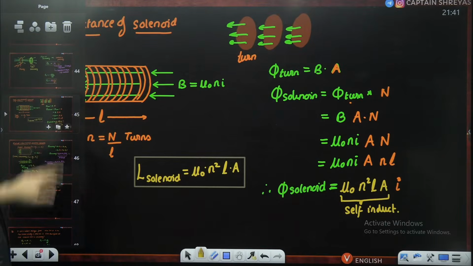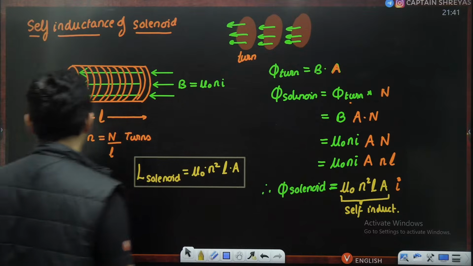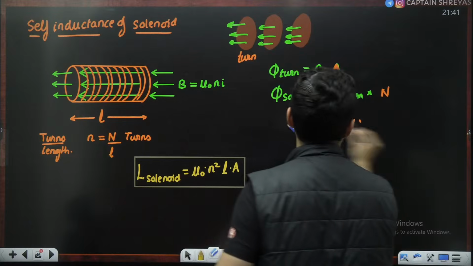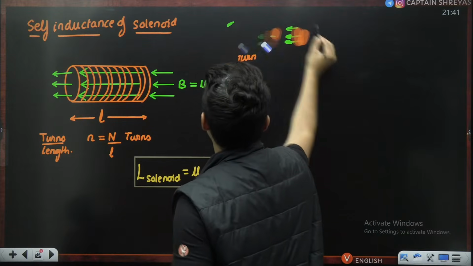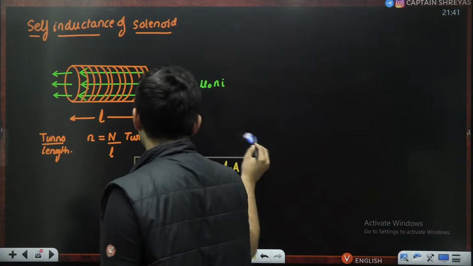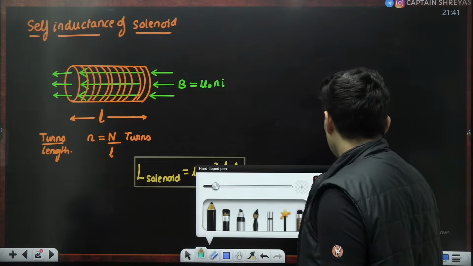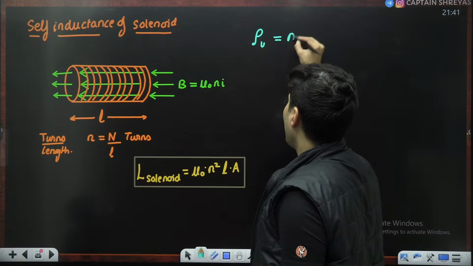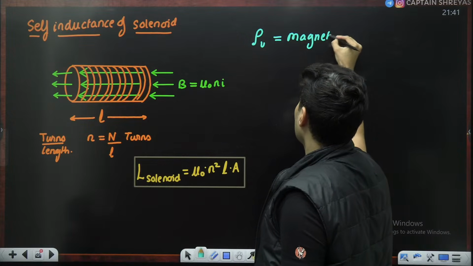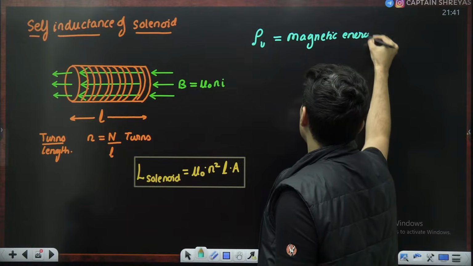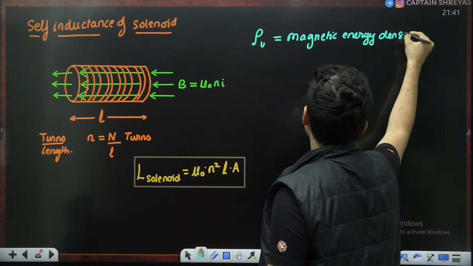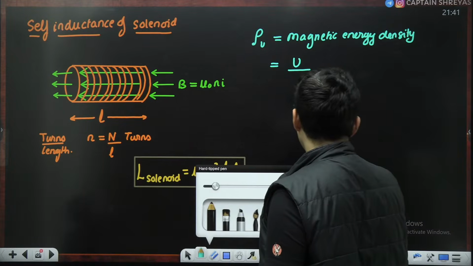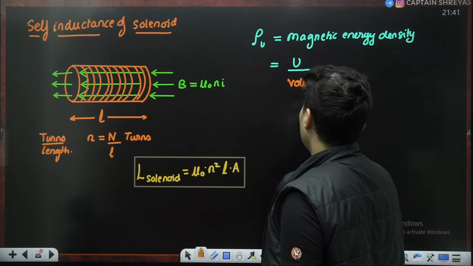Say, for example, whatever inductance we calculated, this inductance, if you do this calculation of energy density, this is magnetic energy density, which is the energy per unit volume.